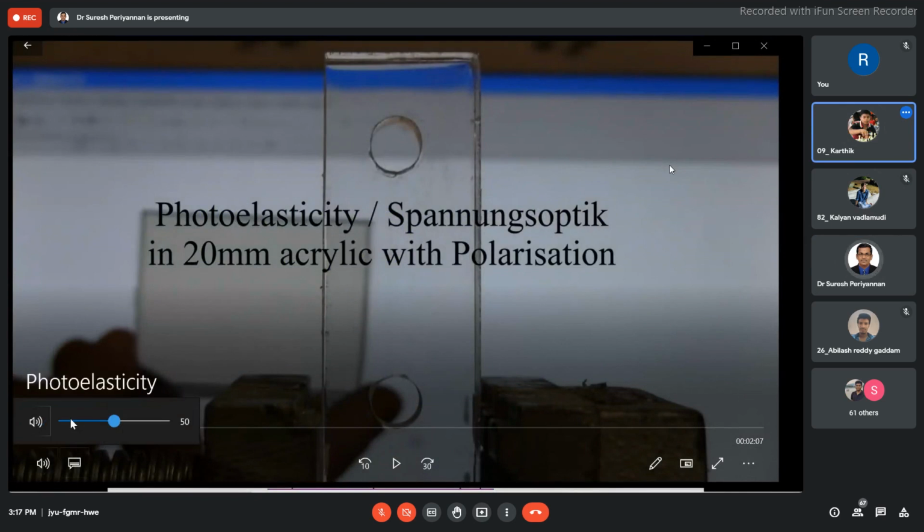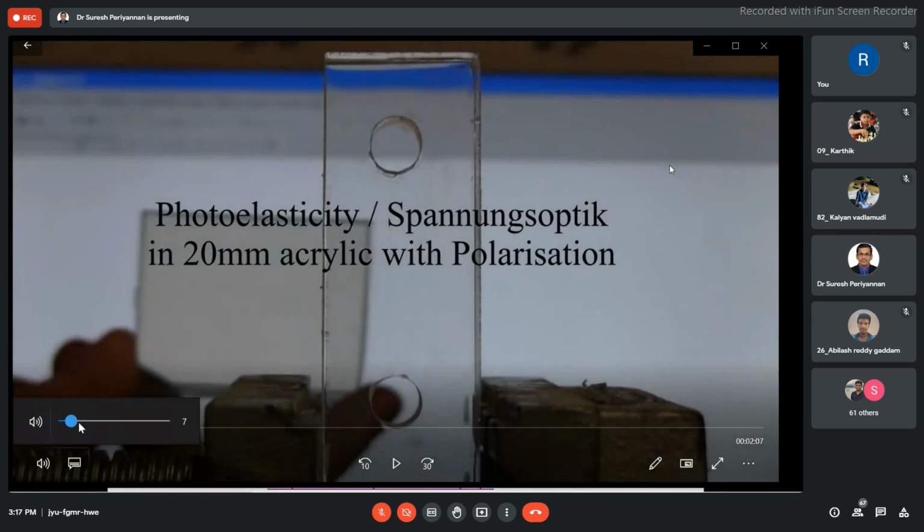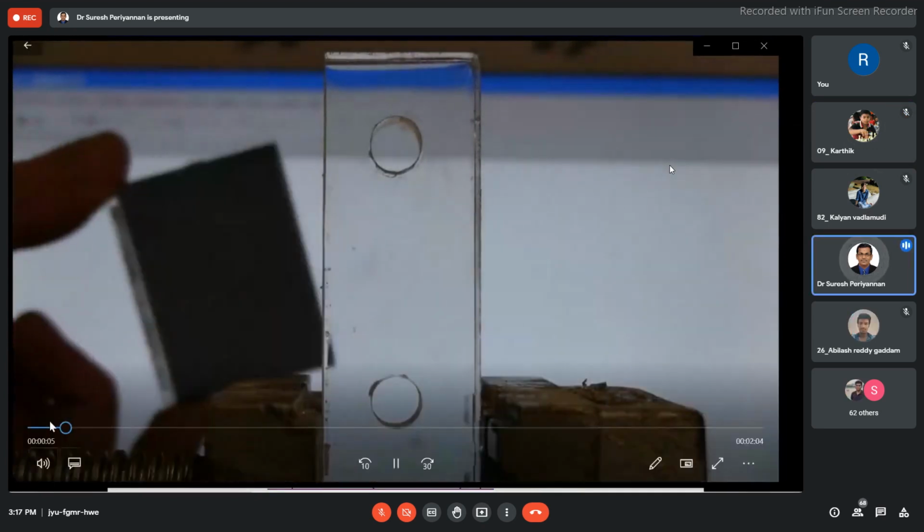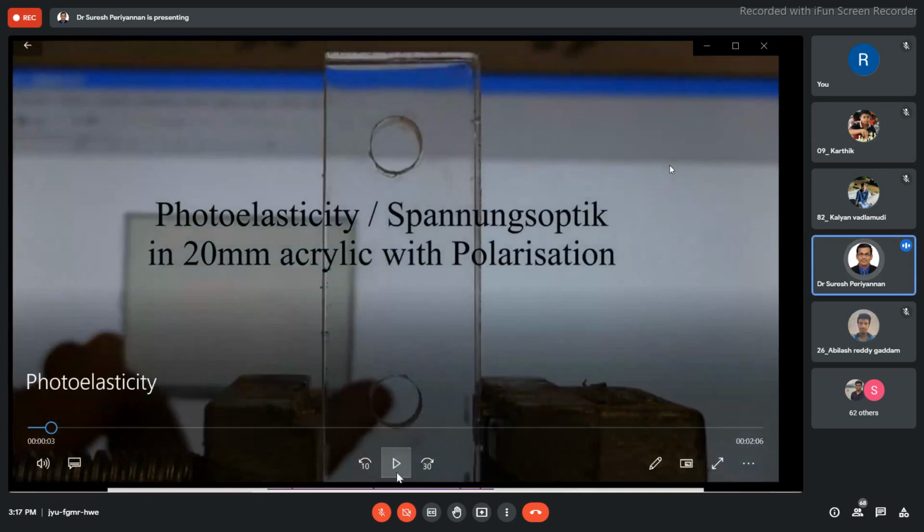See here. The guy is holding, they clearly explained here, the guy is holding photoelasticity in 20 mm acrylic with the polarization. Now see this, he is going to fix it in the plate.